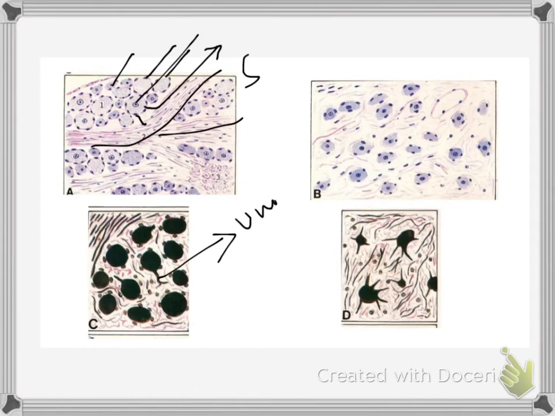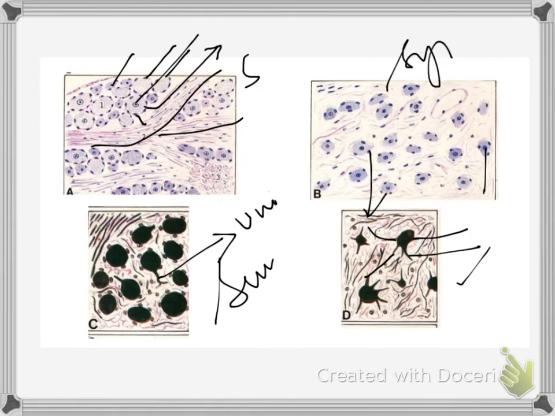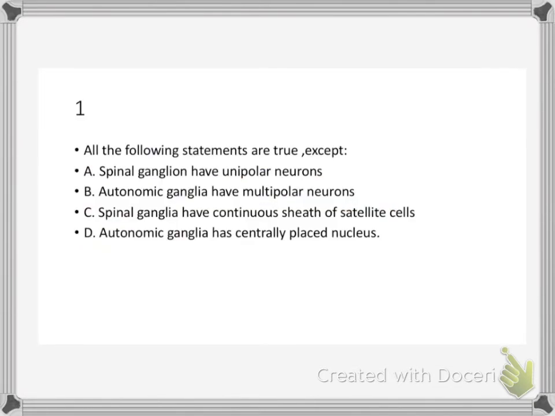So this is sensory ganglia, and here you could see multipolar, comparatively less number of satellite cells and eccentrically placed nucleus. That's suggestive of sympathetic or autonomic ganglia. Very good. Now it's time for us to do the MCQ.